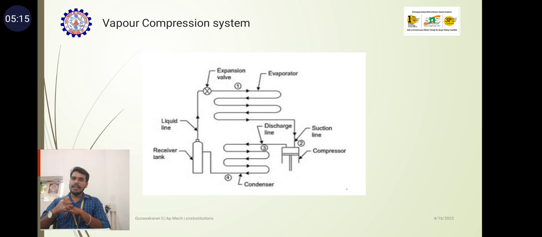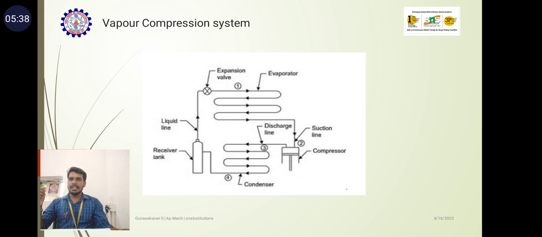Liquid line: a liquid line carries the liquid refrigerant from the reservoir tank to the refrigerant flow control. Expansion valve: its function is to meter the proper amount of refrigerant to the evaporator and reduce the pressure of the liquid entering the evaporator so that the liquid will vaporize.